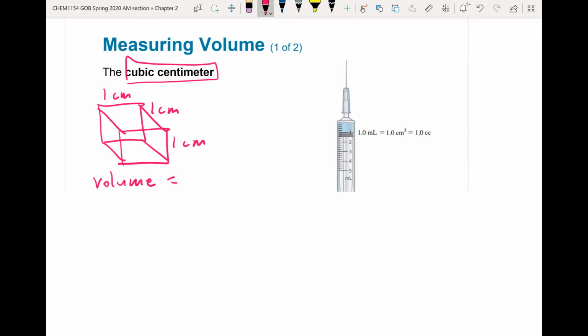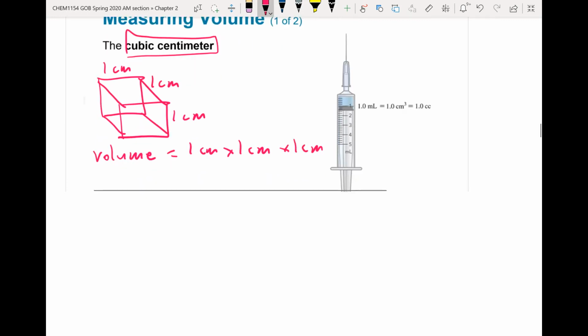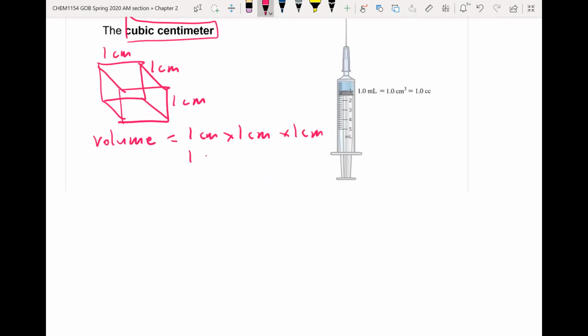What would the volume of that cube be? How do you find the volume of a cube? You just multiply all the dimensions, the length times the width times the height. So it's 1 centimeter times 1 times the other one. So that would give you 1 cubic centimeter.